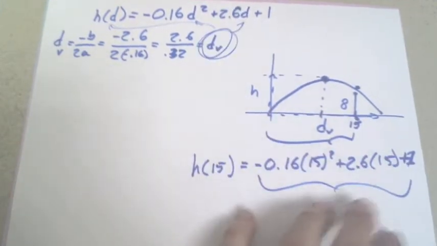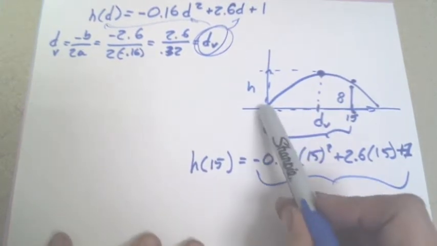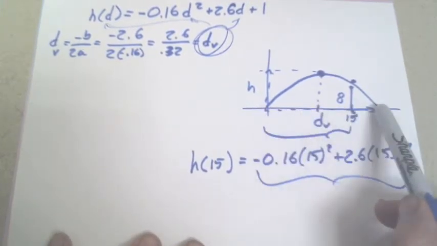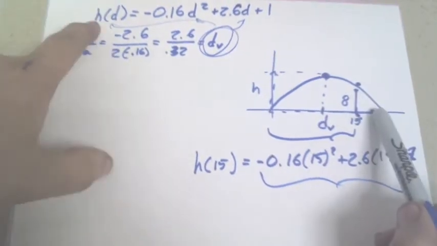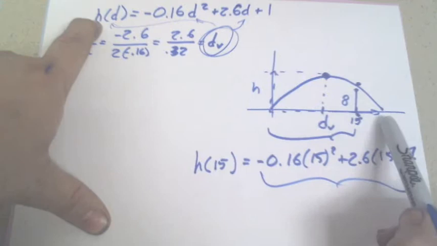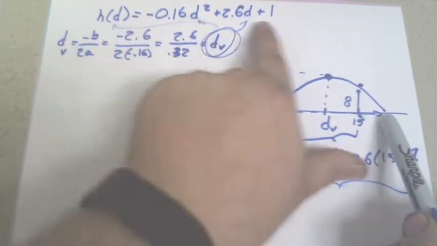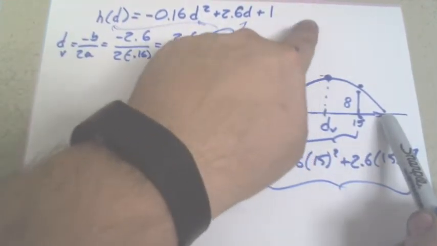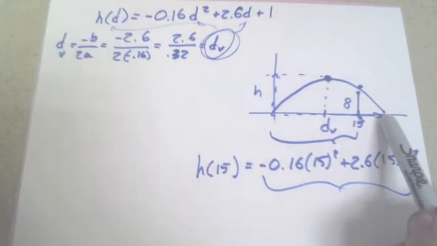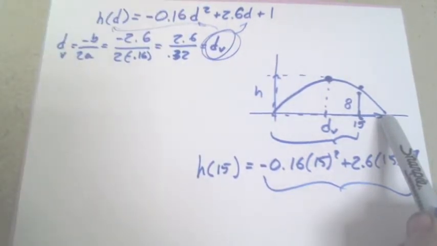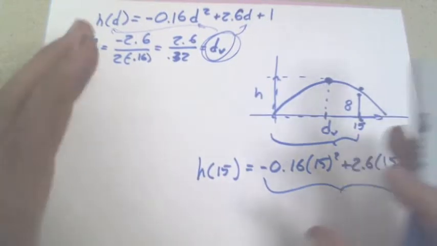By the way, you could also be asked on this question, how far does it go out before it hits the ground? Well, hits the ground is height equals 0, so if you want to know where it hits the ground, let the function for height equal 0, solve for d. So you'll see questions like this.